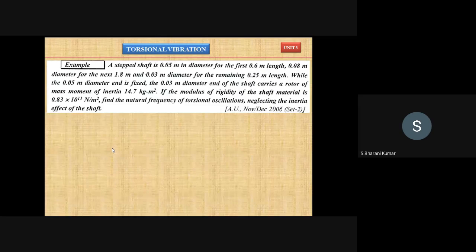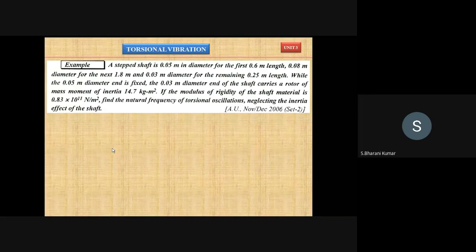Next one. A stepped shaft of 0.05 meter in diameter for the first 0.6 meter length, 0.08 meter for the next 1.8 meter, and 0.03 meter diameter for the remaining 0.25 meter length. All the diameters and lengths are given here.